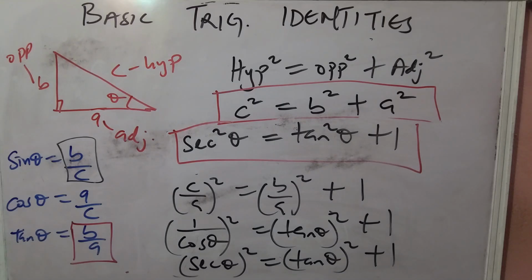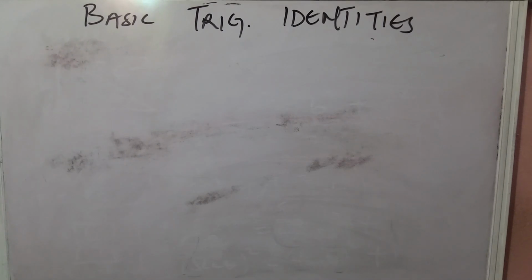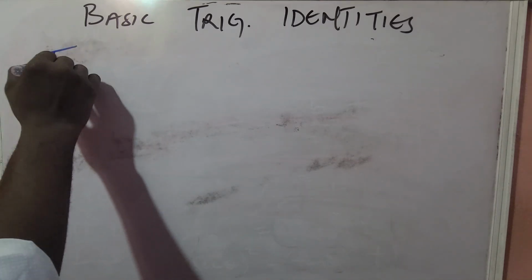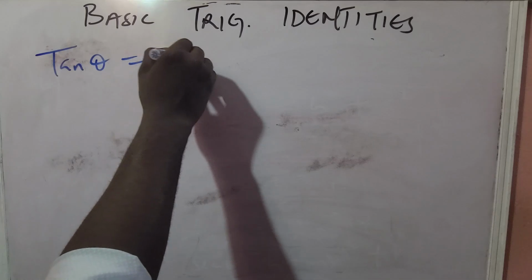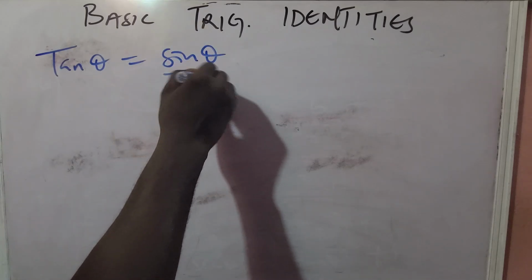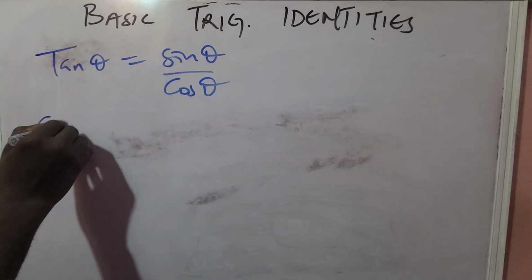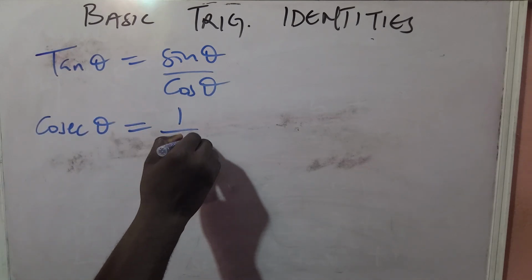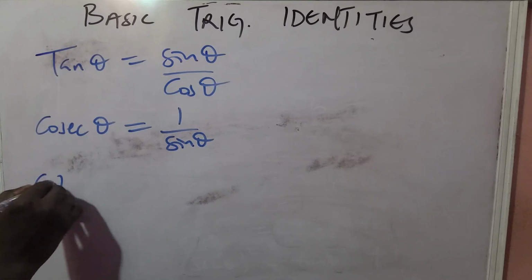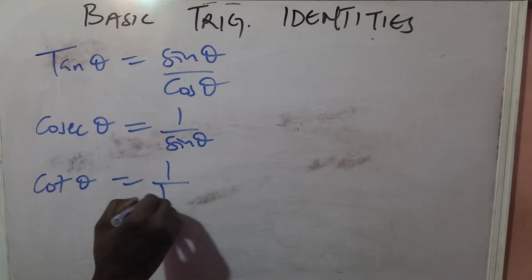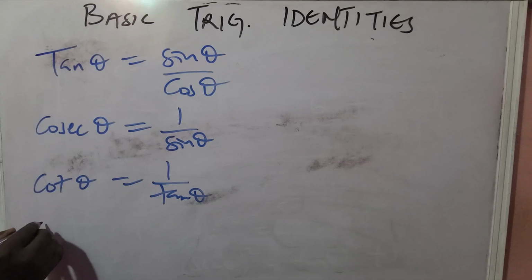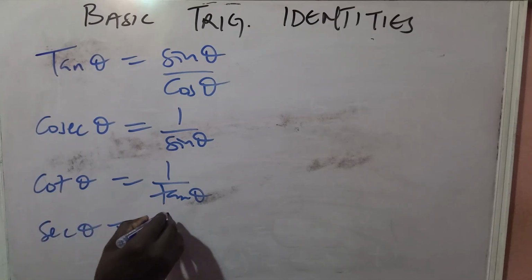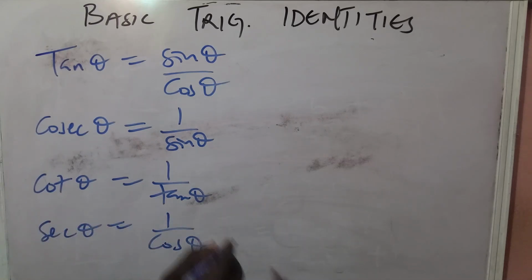So in summary, we can define all our identities very quickly. Our tan theta equals sin theta over cos theta. Cosec theta will be 1 over sin theta. Cot theta will be 1 over tan theta. Sec theta will be 1 over cos theta.